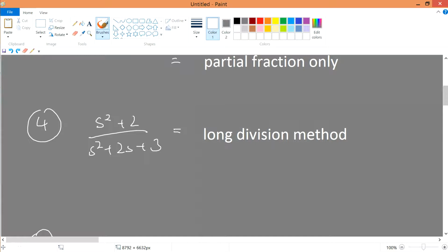So keep this in mind, that if you see some question, take a look, is this the same order as this or higher order? If it's yes, then use the long division method straight away, provided that it's only one term.